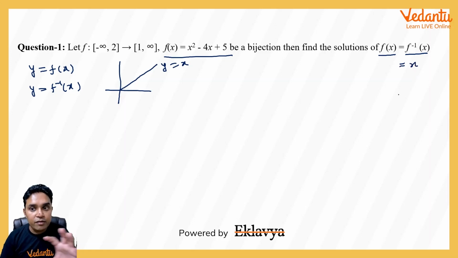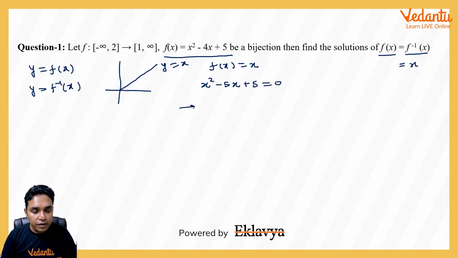Okay, so first we will be solving for that, but let me tell you in the beginning itself that this is not the complete thing. I will tell you why. So if you have to solve for f(x) equal to x, you will get x square minus 5x, if I bring that x this side, plus 5 equal to 0, and this will give me x equal to 5 plus or minus root of 25 minus 20, so root 5, upon 2.